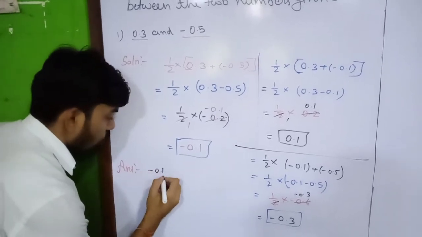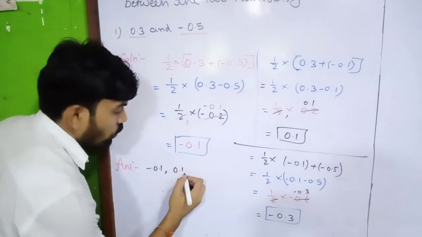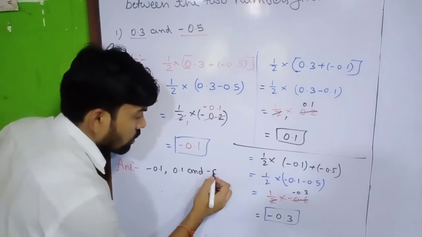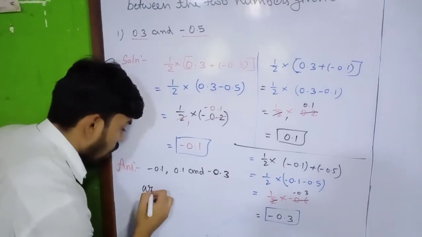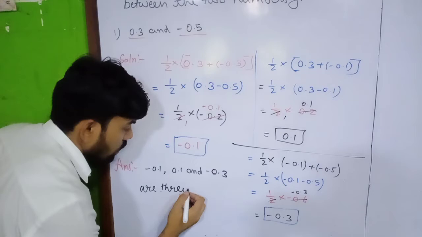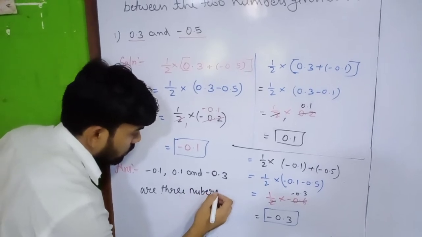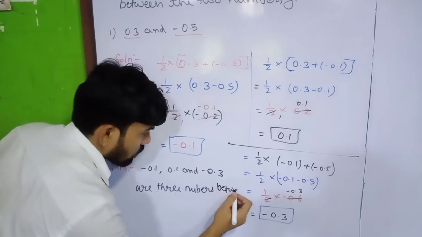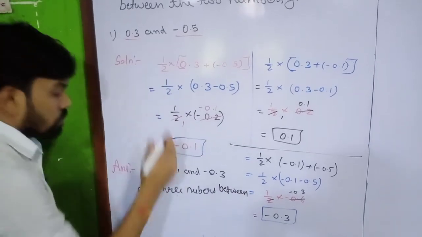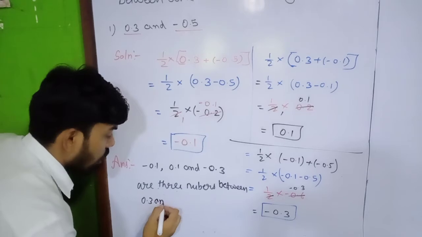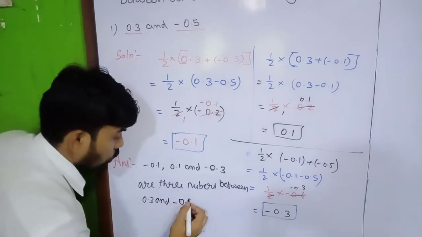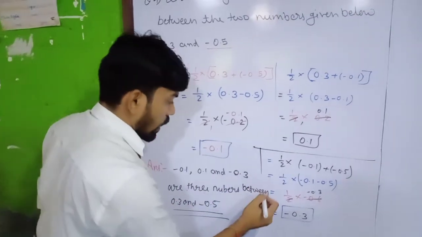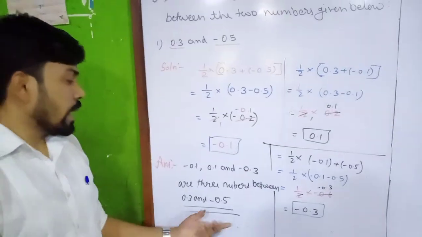Minus 0.1, 0.1 and minus 0.3 are three numbers between 0.3 and minus 0.5. This way we can find and write the answer.